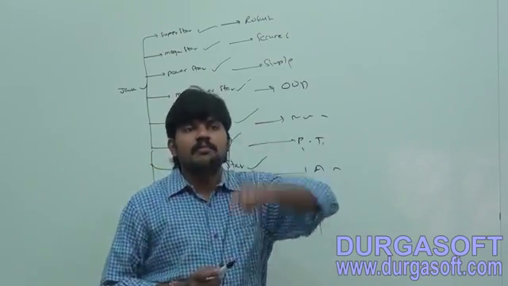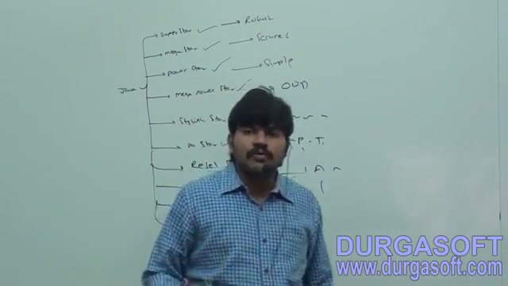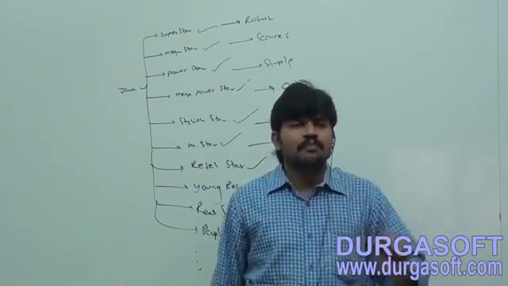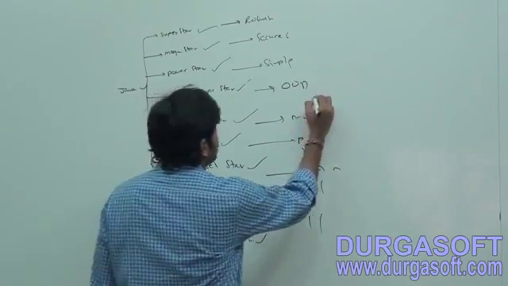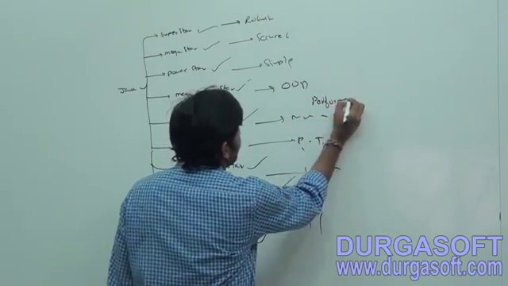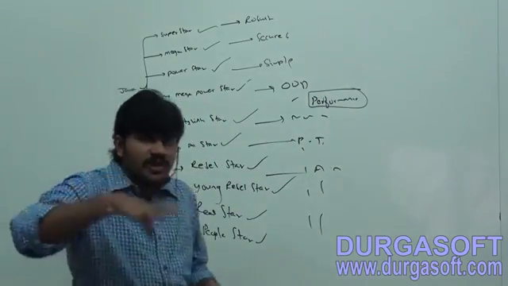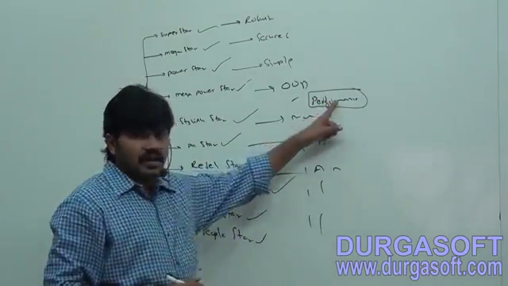To fill that area, we go for the native keyword. The main important area is performance. Java's performance is very low when compared with other languages.